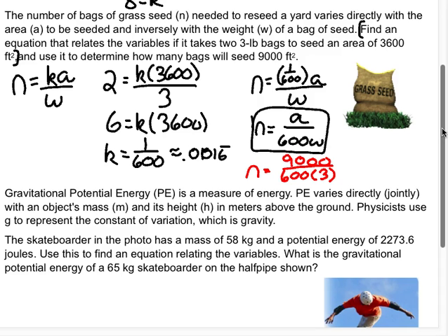So we're going to assume that we're still using that weight of 3. So 9,000 divided by 600 times 3. It's going to take 5 bags to seed that area.